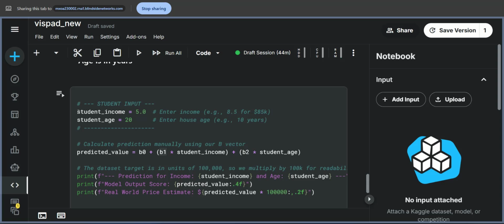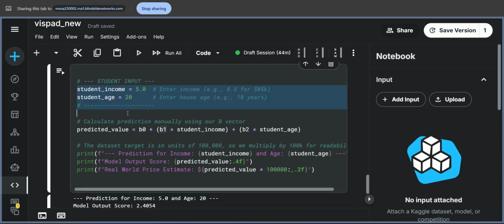So we have our example here. The income is 5, which is 50,000, and the house age is 20, right?